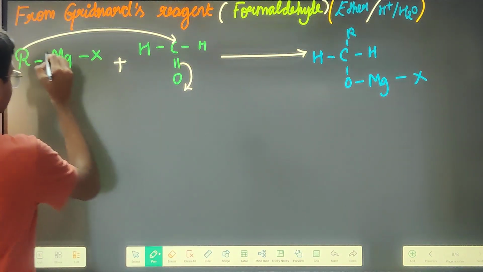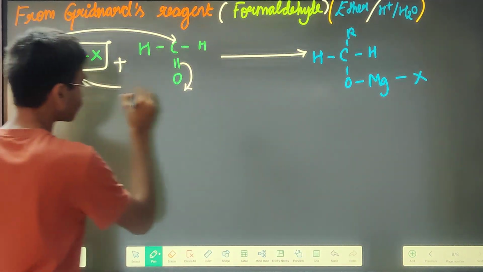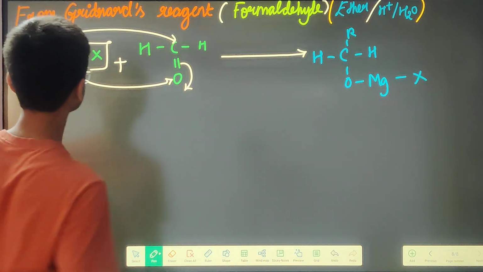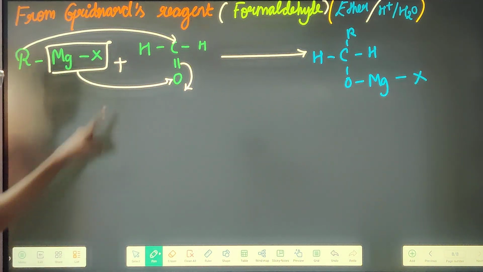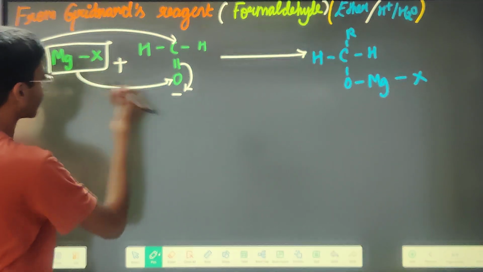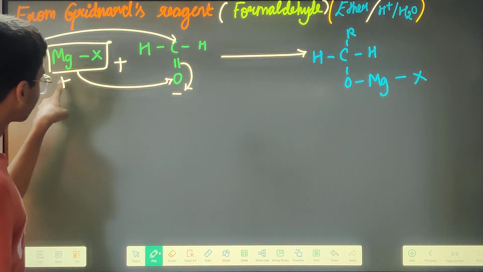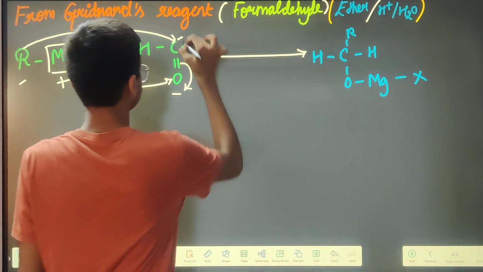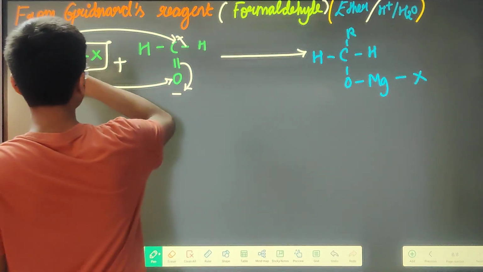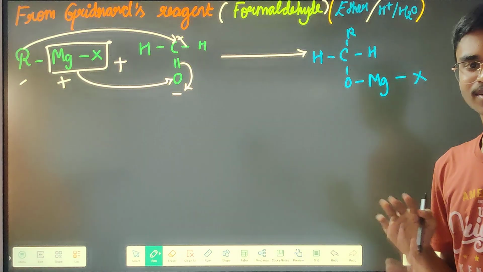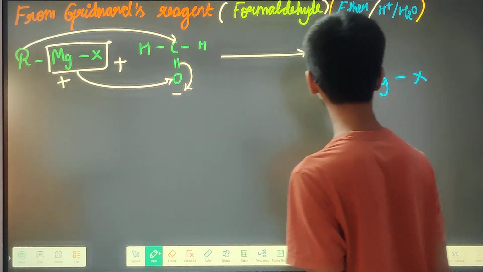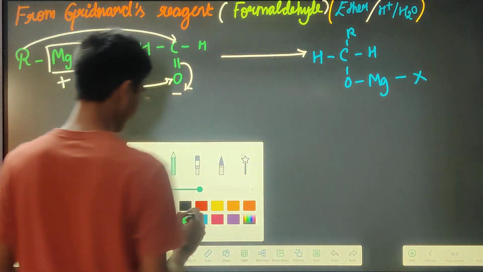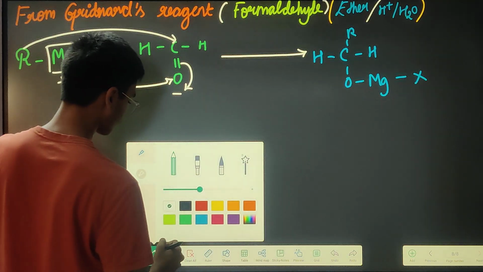You can see very clearly that this is negative and this is positive, so this negative and this positive will make a bond over here, since the inductive effect is there. Very simple, very easy, isn't it? Now you have got a compound like this. After that, what did I say? You have to use acid water.